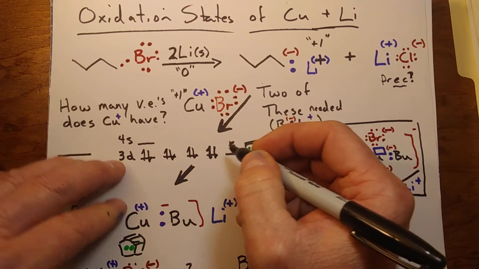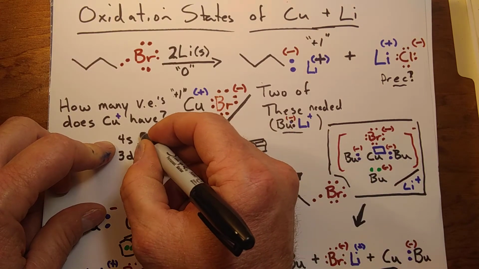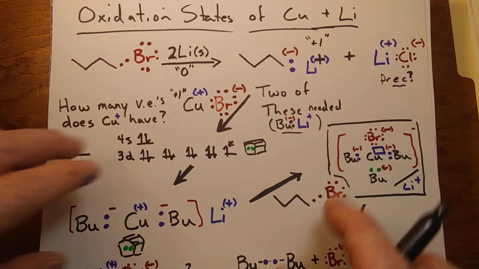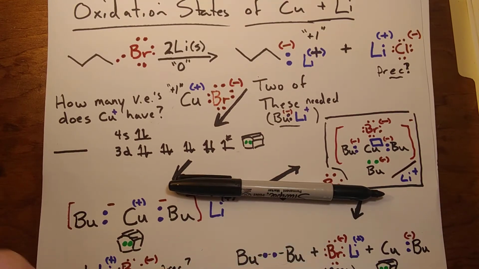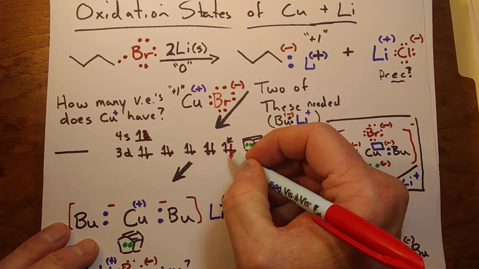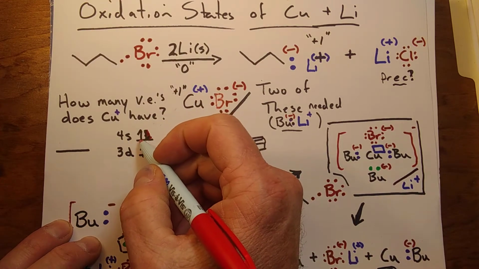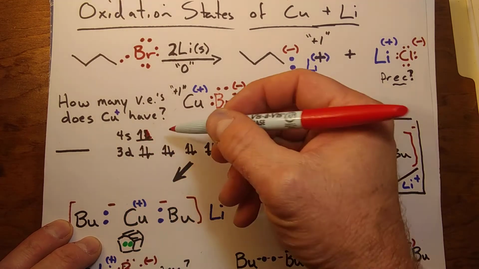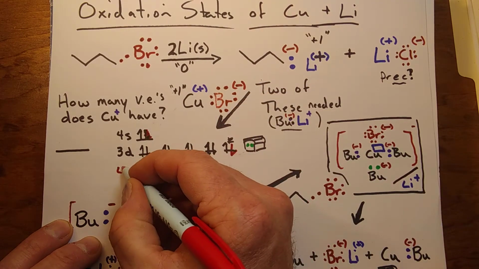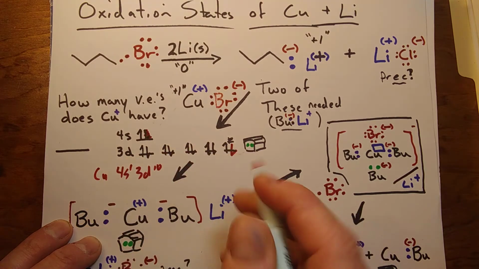Now, in the textbooks, in the neutral copper structure, you would say we have 2 here and 1 here, but we know from your knowledge of electron configuration for copper that we always take and put 1 electron so we completely fill up the 3d and leave the 4s half filled. Why? Because it does happen over time that the 3d slips below the 4s level. That's why you had that 4s1, 3d10 for copper, the element.